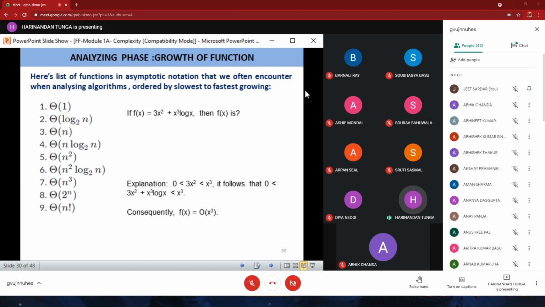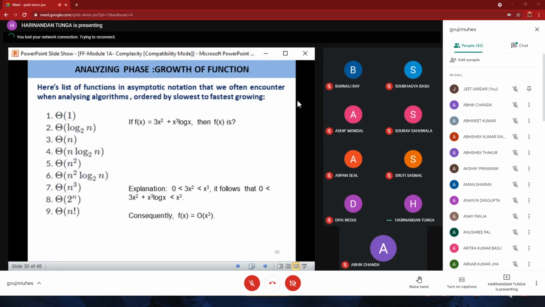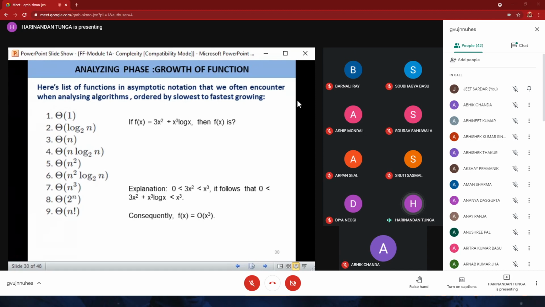And seventh is order of n cubic, then exponential, order of 2 to the power n, and the last of these 9 asymptotic notation expressions for an algorithm.